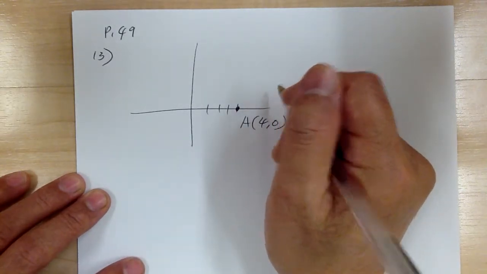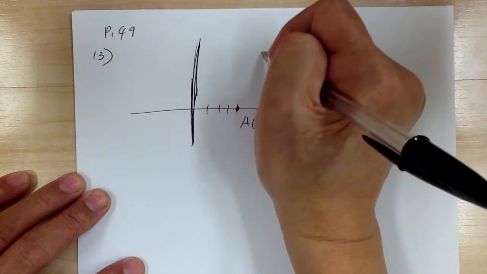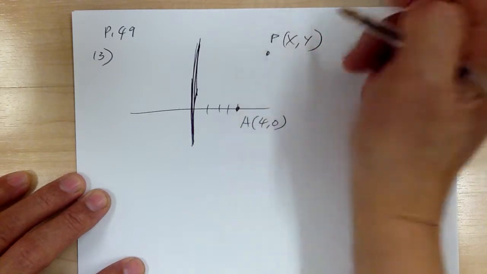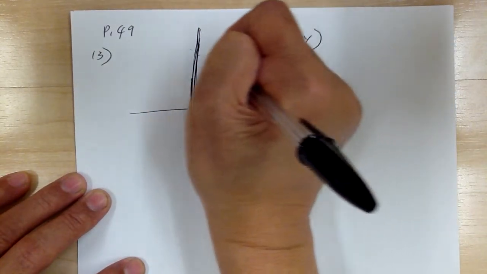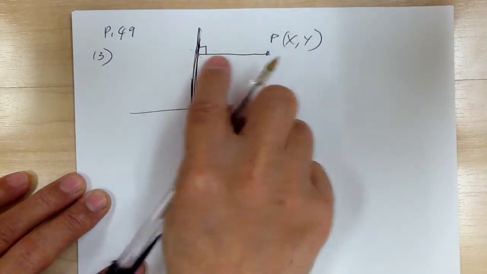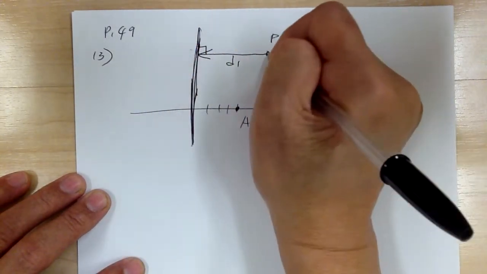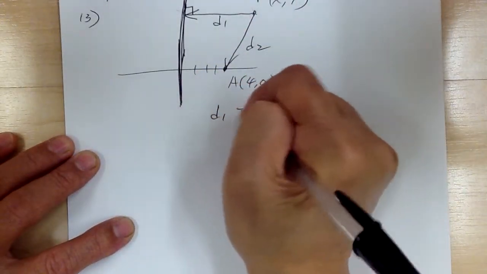And then you have the y-axis. And it's going to be equal distance. Okay, so you can put a random point out here. Now, when you have the distance from a point to a line, you make a right angle. Okay, so that's your D1, and that's your D2. So equal distance means D1 equal to D2.